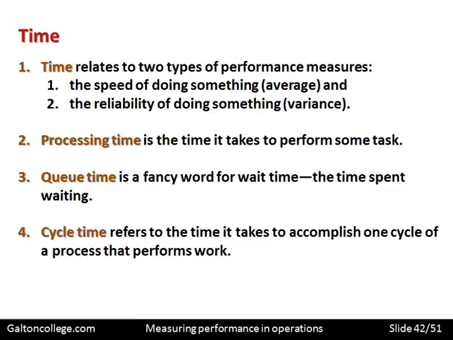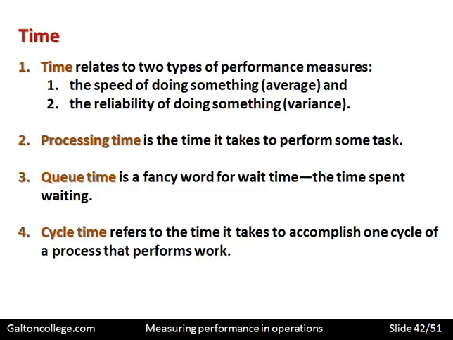And also the cycle time refers to the time it takes to accomplish one cycle of a process that performs work. So one cycle is from start to finish. If a particular set of tasks come together, one follows the next, then what's the cycle time? How long does it take to complete the cycle, to move from the start to the finish? What's the cycle?